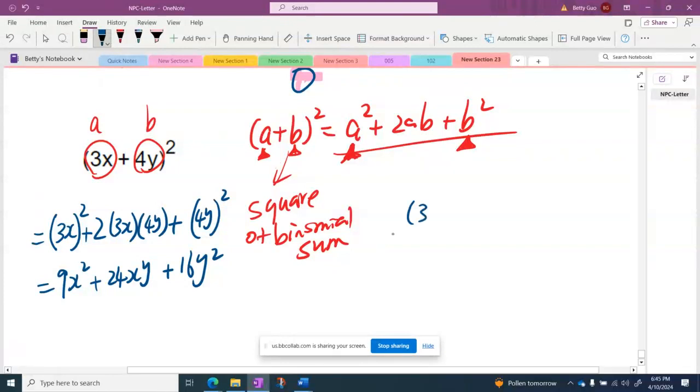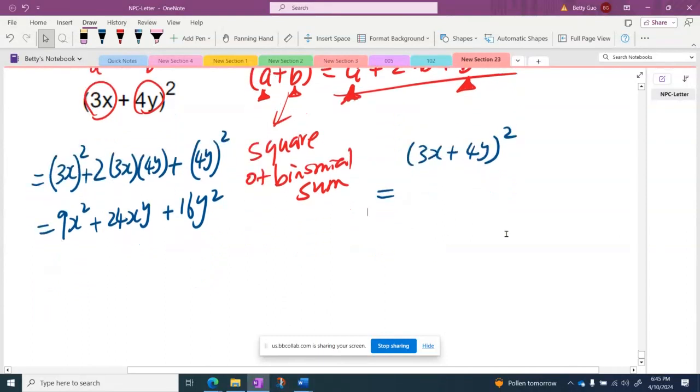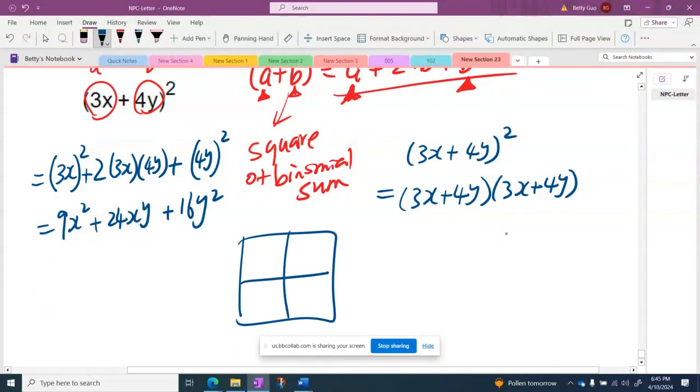The important thing is you get a score when you take the test, right? So let's use the box method. We are multiplying 3x plus 4y with itself. Binomial times binomial, we need a 2 by 2 box. 3x, 4y, 3x, 4y.